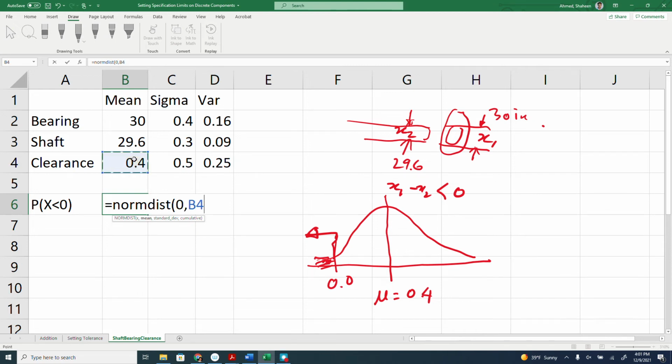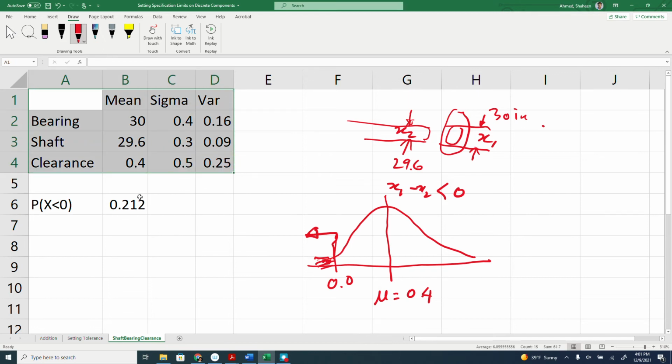Here we write NORM.DIST: the value 0, the mean value of 0.4, the standard deviation for the assembled clearance, and then cumulative. This will give us the probability for the parts that will not fit. So if we make this bearing and shaft with this specification and this standard deviation, about 21% will not fit. If we make, say, 100 of these, 21 of them will have interference, clearance less than 0.